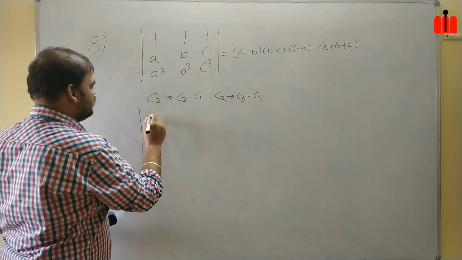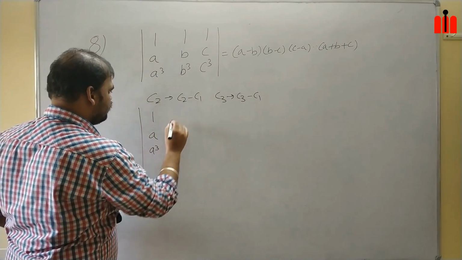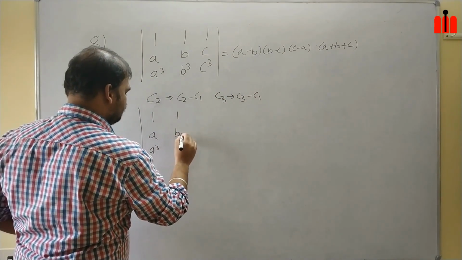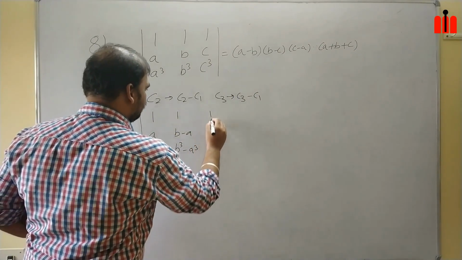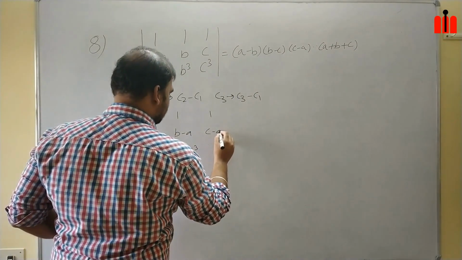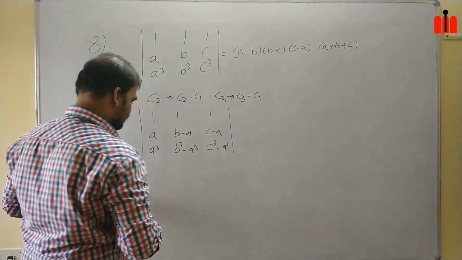With that I will get 1, a, a cube; 1, b minus a, b cube minus a cube; 1, c minus a, c cube minus a cube. Okay.